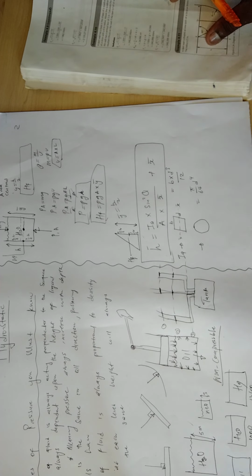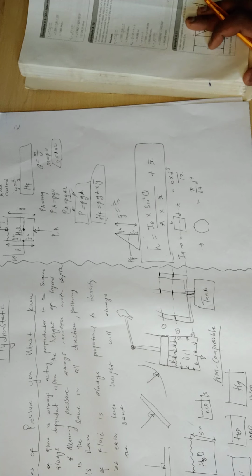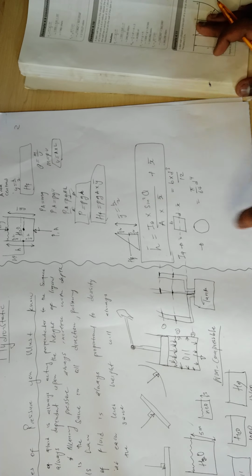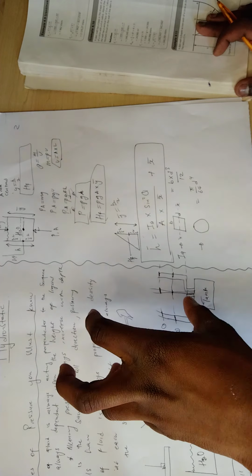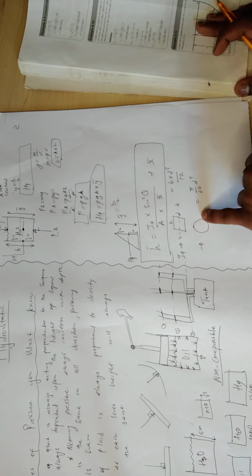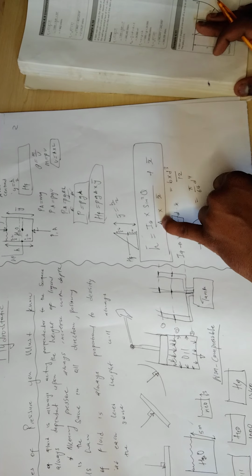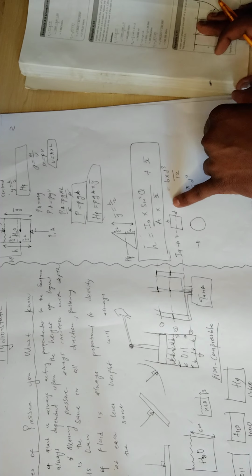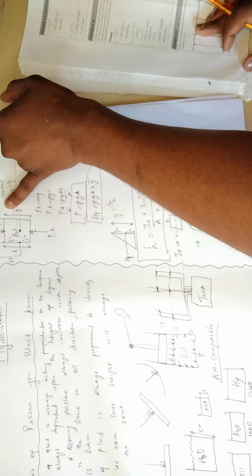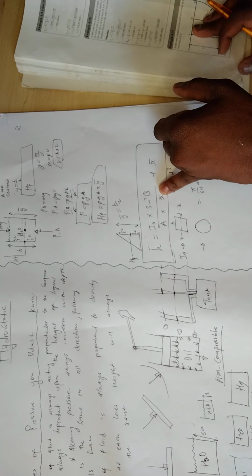Maybe they gave you a gate and it's on an angle, so you use that angle to substitute it there, and this is going to be your area. If it's the area of a circle, you have to use the area of a circle. And the x bar is the same as the y bar I showed you. You're going to use it to get the x bar.